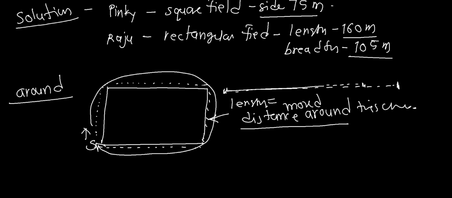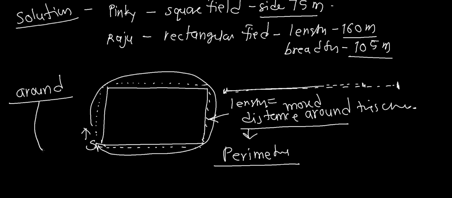As we have been given these values, we need some formula to get to the other values. So distance around means they are pointing towards something known as perimeter. And we have the formula for the perimeter.